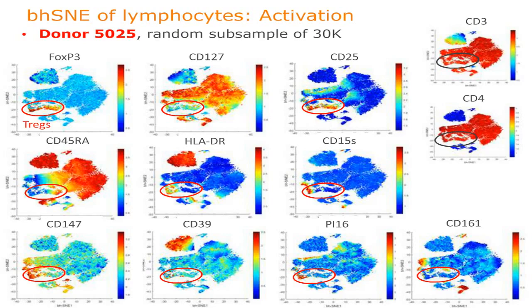And then we come to the upper left, where we look for FOXP3 expression, and those define our Tregs. And they also have the same pattern when I overlay 127 and CD25, where they're 127 low, CD25 bright.